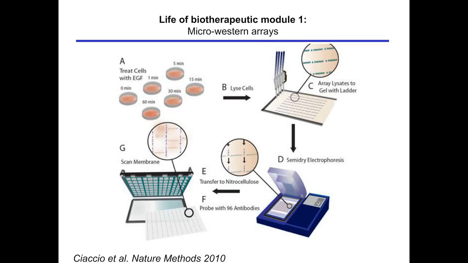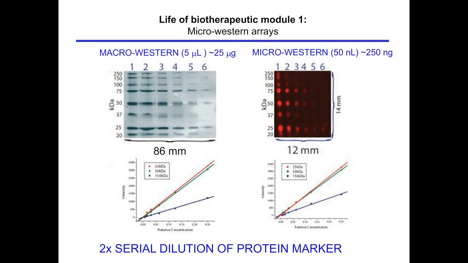We subsequently further evolved this method in 2010 and described a manner in which protein microarray methods were used to array the lysates onto acrylamide gels that were then subjected to semi-dry electrophoresis and then transferred to nitrocellulose and probed in 96-well format with 96 different antibodies.